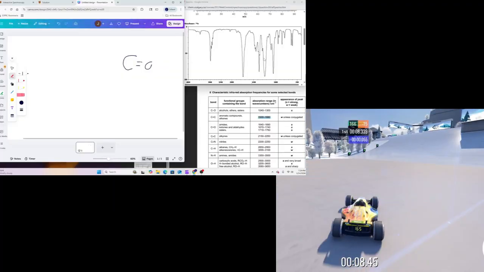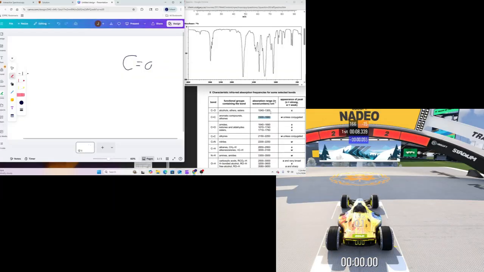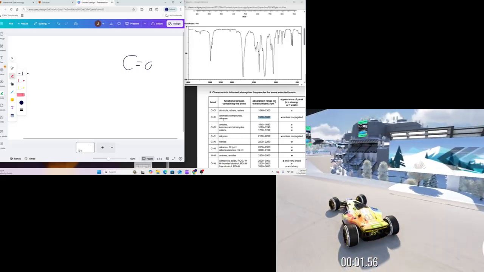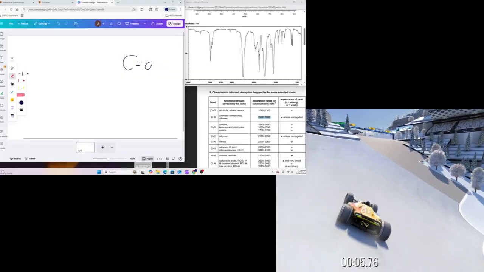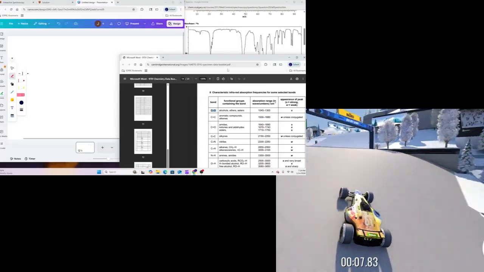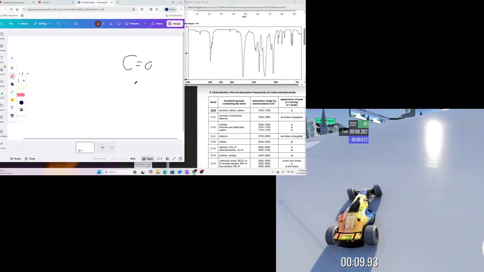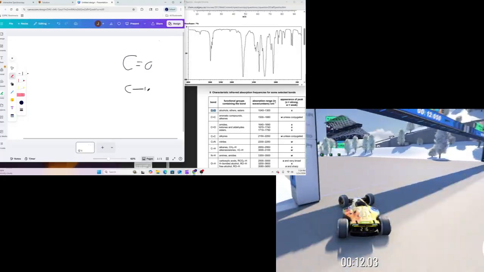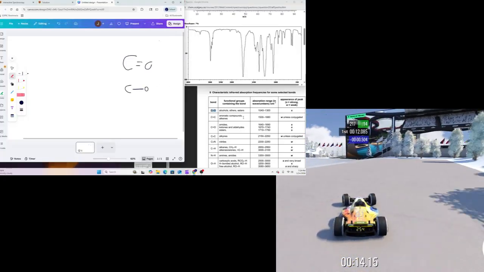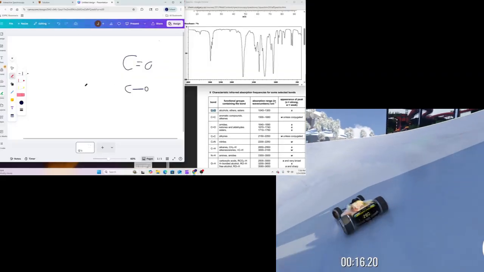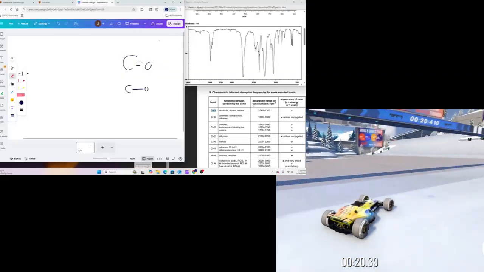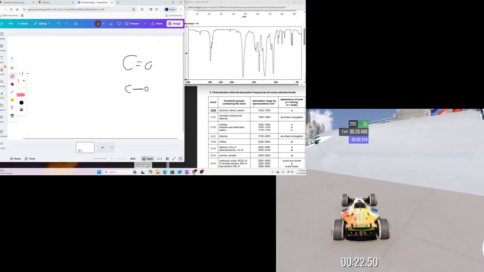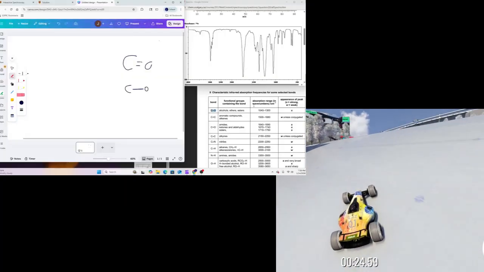The next one I'm going to take a look at is this one right here, and this is going to say, hey, you have specifically a bond that's going on. That's a CO bond here. Okay, so that means I have a CO single bond here. Okay, and this CO single bond is going to clue me in as to the fact that this is another functional group that's in this molecule.